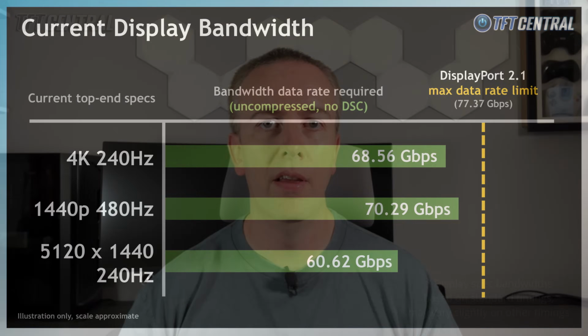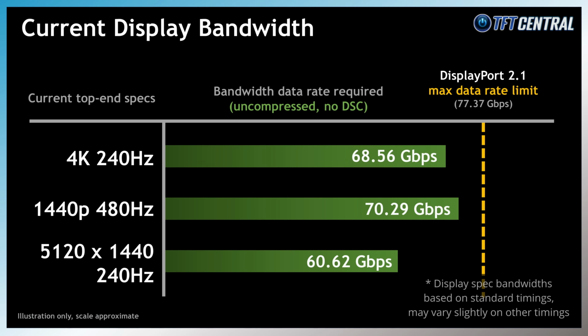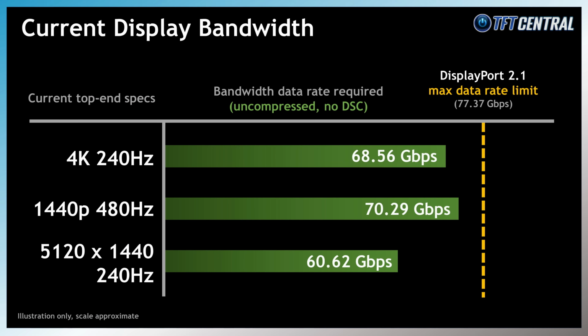And as a result, some display manufacturers have now started to add a DSC on-off toggle in their on-screen menu, so that you can disable DSC if you really want to use those features. Although on DP 1.4 connections, that does come at the cost of refresh rate. In theory, if a DP 2.1 connection was used, you could power some of these current screens without DSC being used at all, and therefore always have access to NVIDIA DSR and DLDSR upscaling technologies.